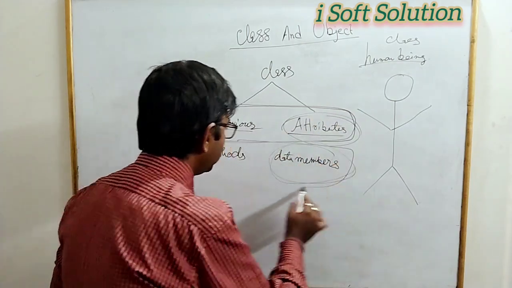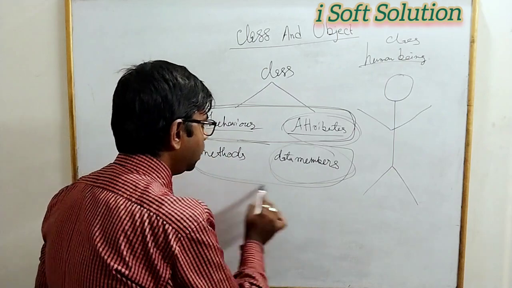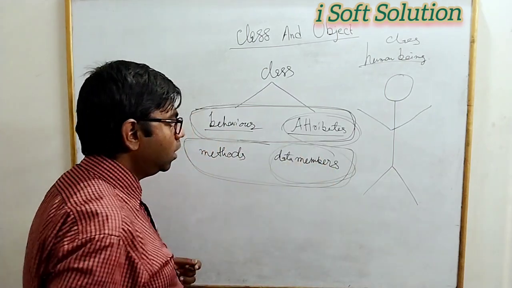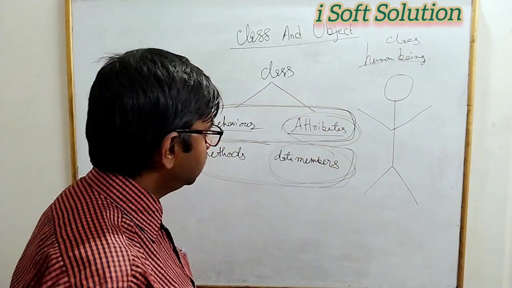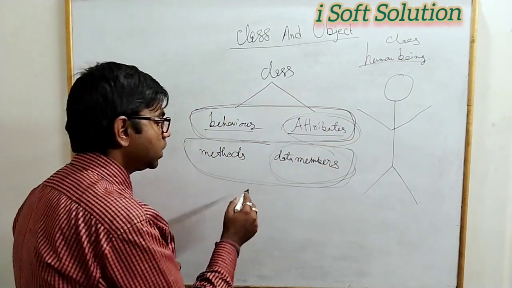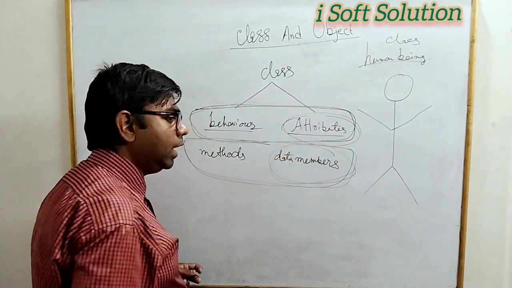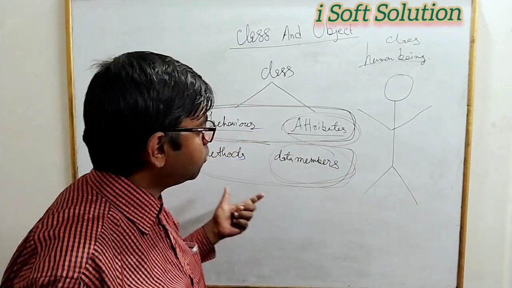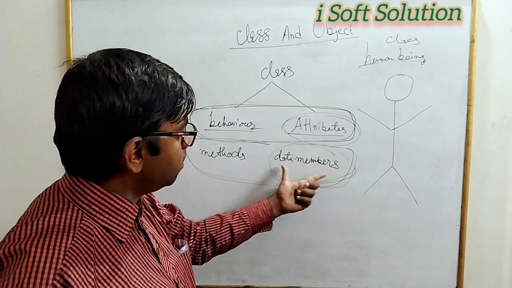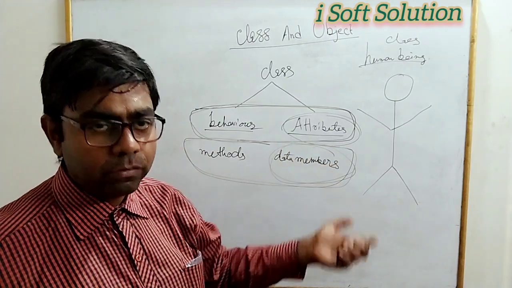Similarly, these two units commonly form a unit to represent a class known as, suppose, human being. So class is an encapsulation. It can encapsulate or wrap up the data members and member functions within itself.